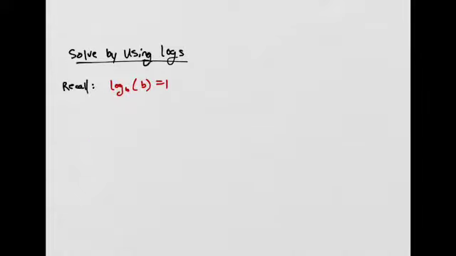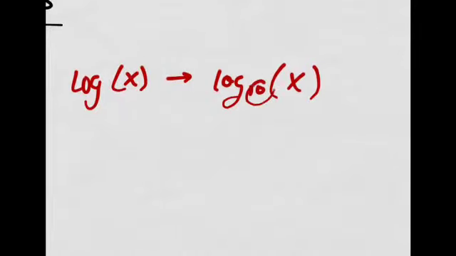Also, something that we can remember is that if we have just log with no base, log of x, that's the same as log base 10 of x. And this is actually on your calculator. When it says log, it means log base 10.